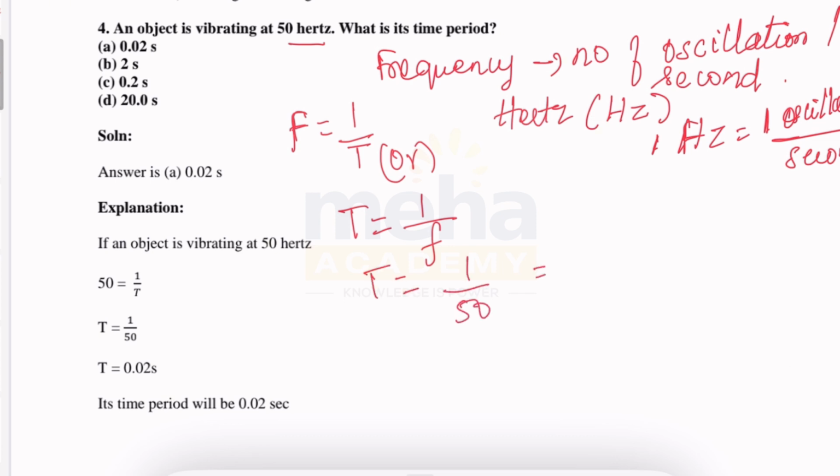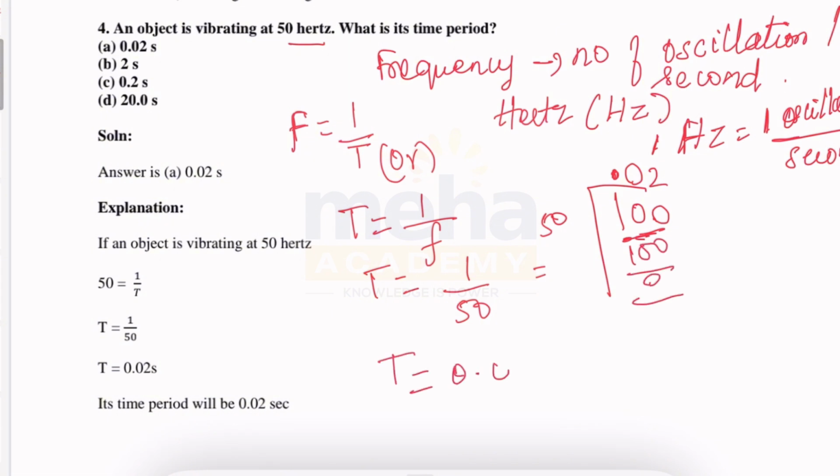When I divide 1 by 50, 1 is a small number, so I place a 0 and a dot. Till 10 doesn't go in 50, I add one more 0. When I add 2 zeros, it is 2 times 100 is 100. So T is equal to 0.02 seconds. This is the answer for time period. That is, option is A.